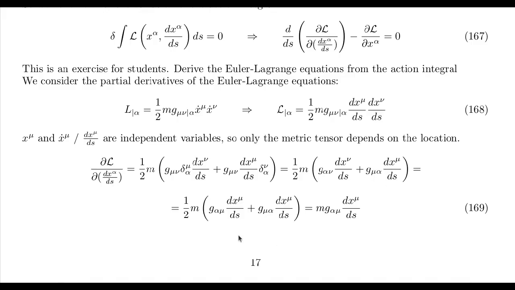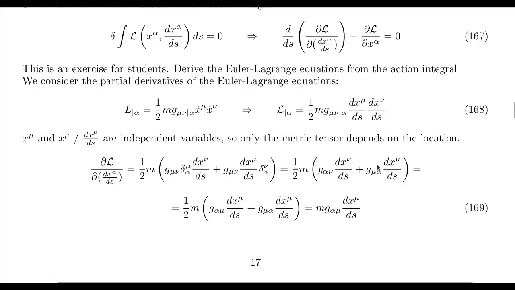Then we have in the term a scalar product, and so it makes no difference which index we use for such a scalar product. So we rename this with the index mu. So we have twice the same term, and so we have factor 2, which cancels with the half, and so we get m, the metric tensor and the differential quotient dx/ds.